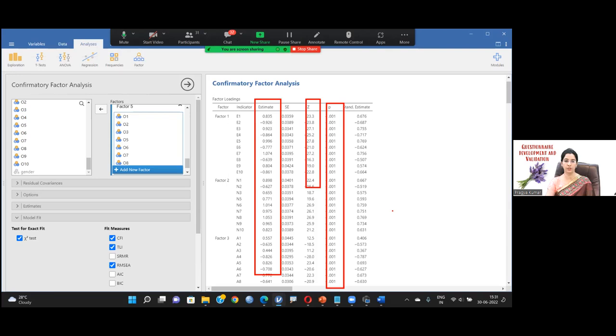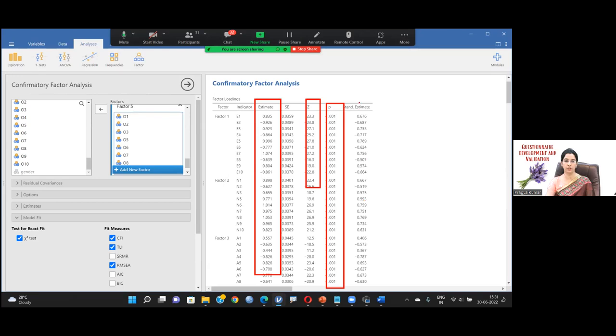In this case, the underlying construct is the dependent variable, and the items are the independent variables, because the items are getting affected by the underlying construct. So we can say that all the items are loading significantly on these factors, like factor 1, 2, 3, and 4. This is saying that it is good.